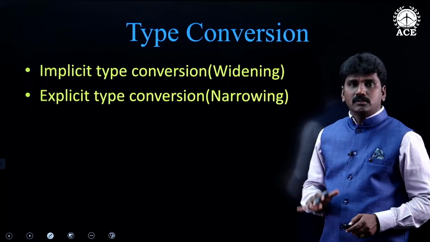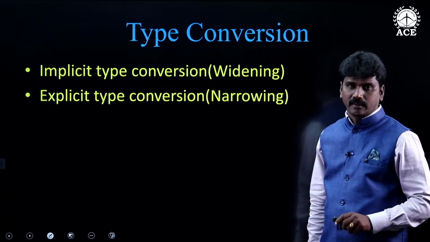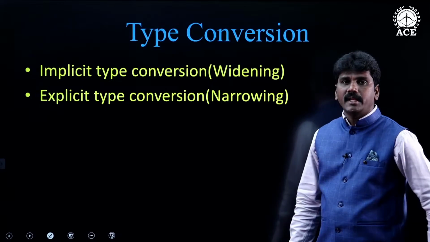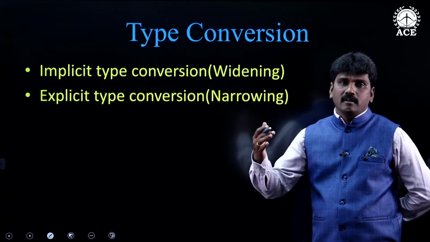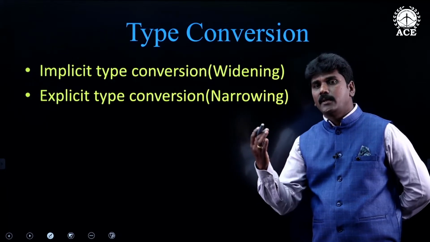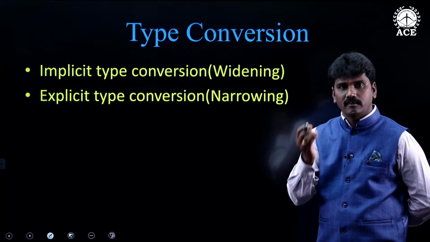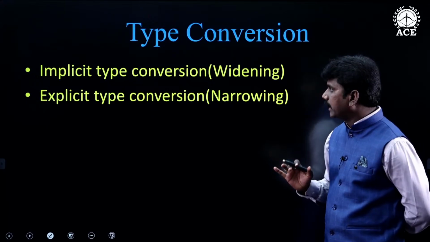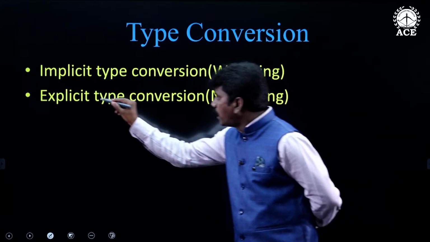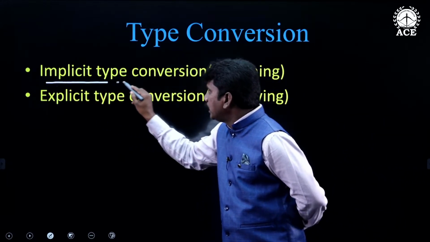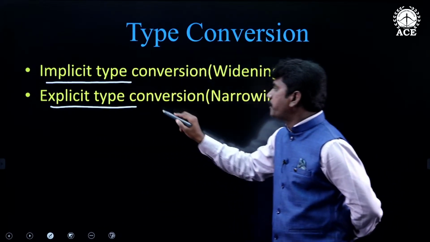Next one. To perform operations like type conversion, just now I have assigned byte b is equal to 10 and int a is equal to b, like that we have assigned. What category is it, let us understand. Type conversion can be done in two ways: one is implicit type conversion and the second one is explicit type conversion.